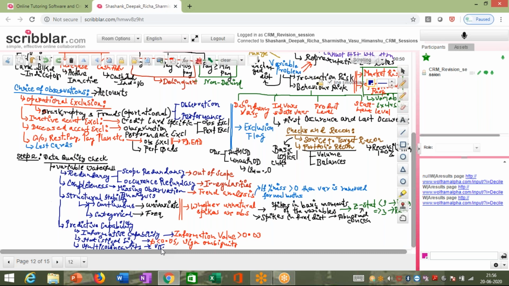Now, apart from these checks, there is always an out of sample check. There can be some variables which go redundant in the out of sample exercise. In such a case, those are the variables which should be removed. So the entire variable waterfall from the start to the end would look something like this.